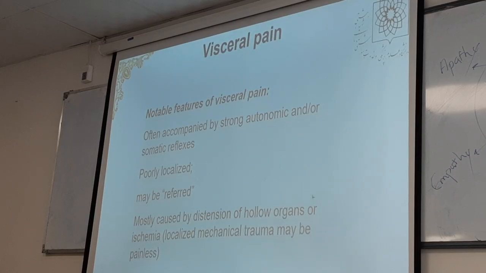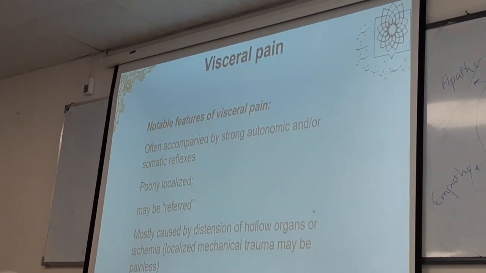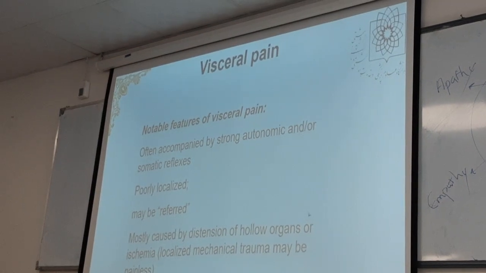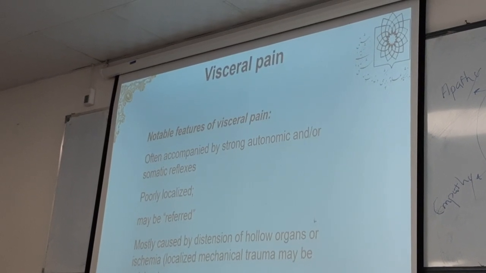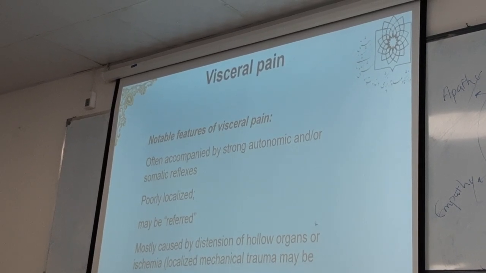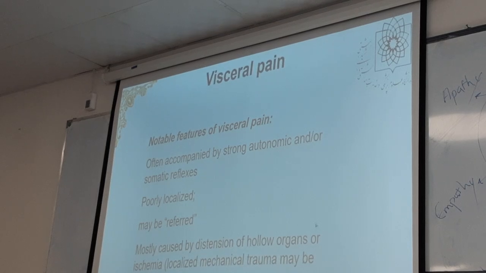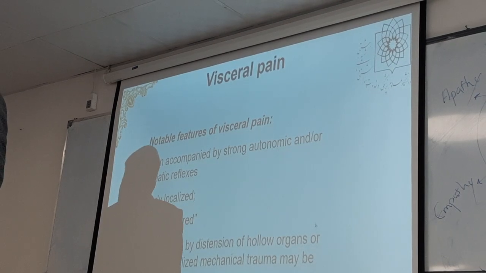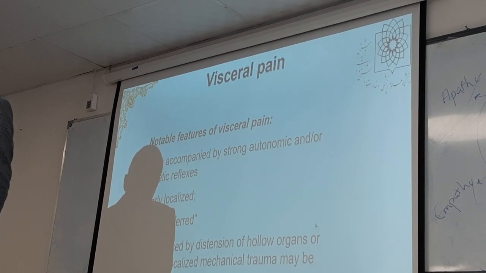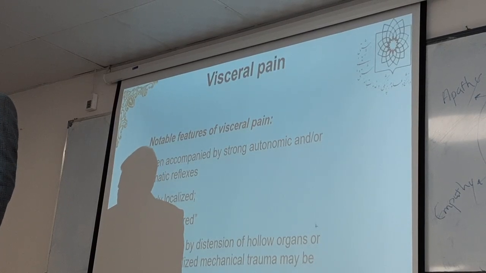One characteristic of visceral pain sensation is that it is poorly localized. You know what it means? It means that visceral pain is not like somatic pain. When you have somatic pain in your skin, you can say exactly which part of the skin is painful.